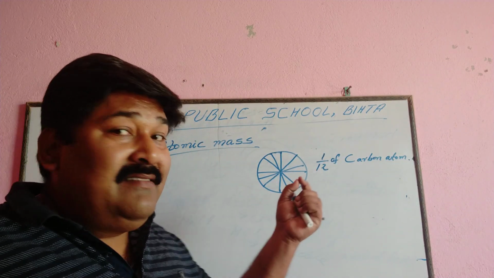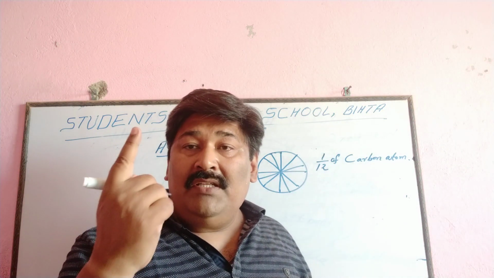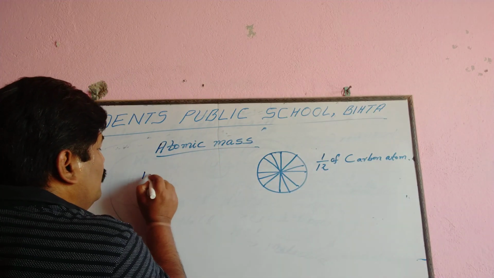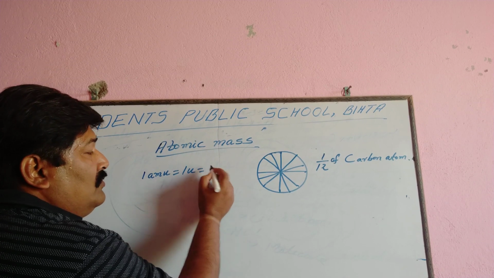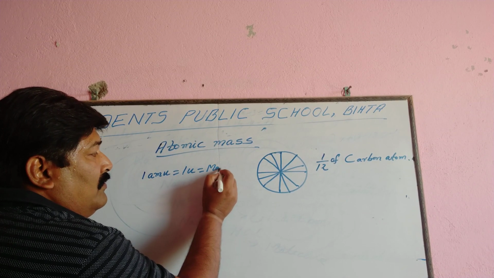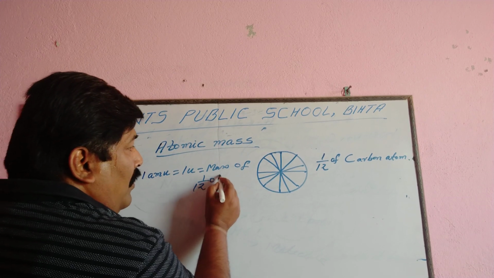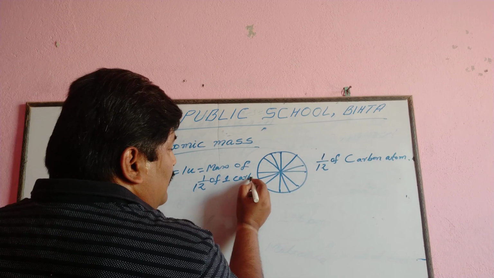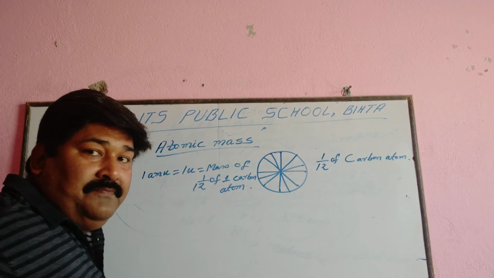So this is taken as 1 unit, 1 AMU or 1 U. 1 unit, 1 AMU, or now we will say 1 U is equal to mass of 1 by 12 of 1 carbon atom. Is it clear?